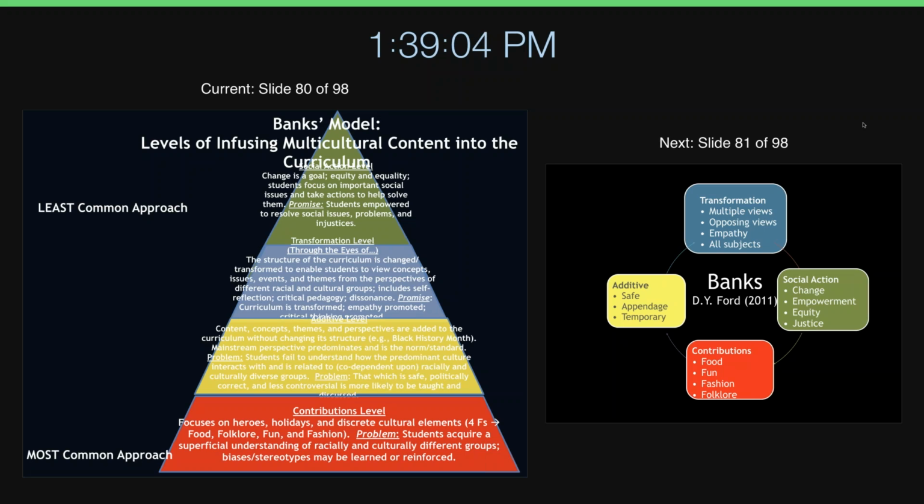So social action, social justice, change in some way, in some capacity, at some level is the goal. Equity is the goal. Students focus on important social issues, and I want to say contemporary in particular, and take actions if they can to resolve them.